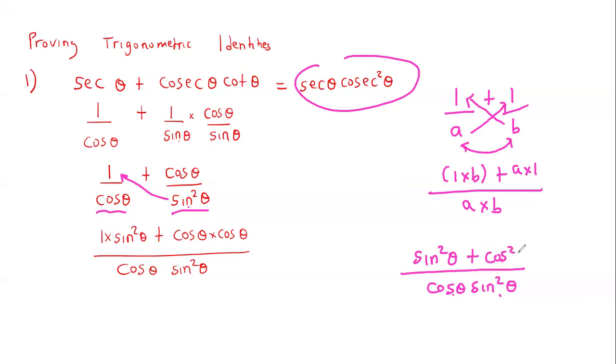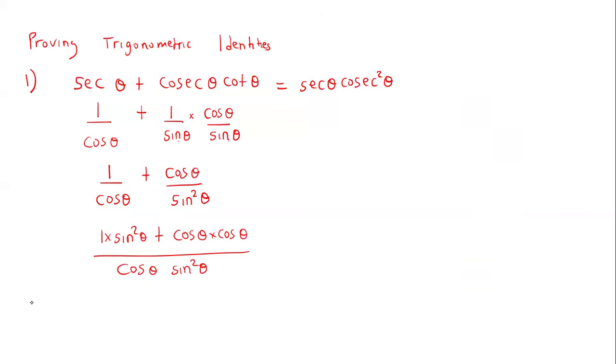You'll get cos squared theta. So you can approach it in that way. Whatever approach you want, you get the same answer. So 1 times sine squared theta, you end up with sine squared theta, plus cos theta times cos theta gives us cos squared theta, divide by our cos theta sine squared theta.